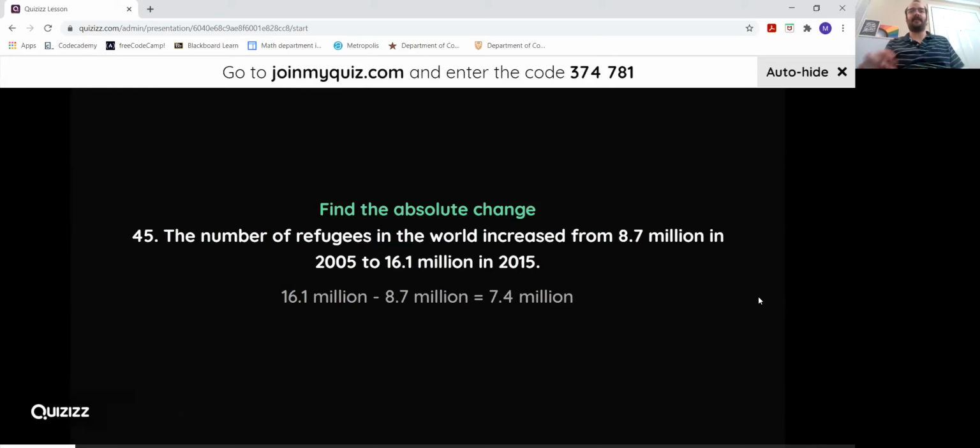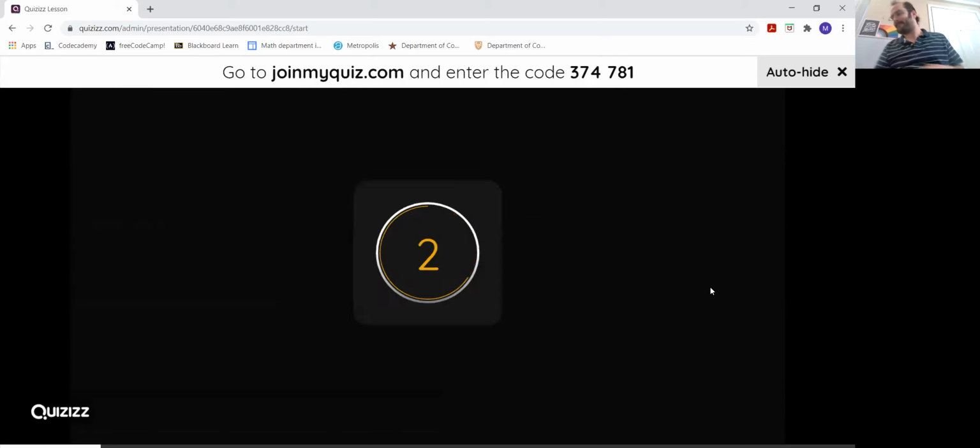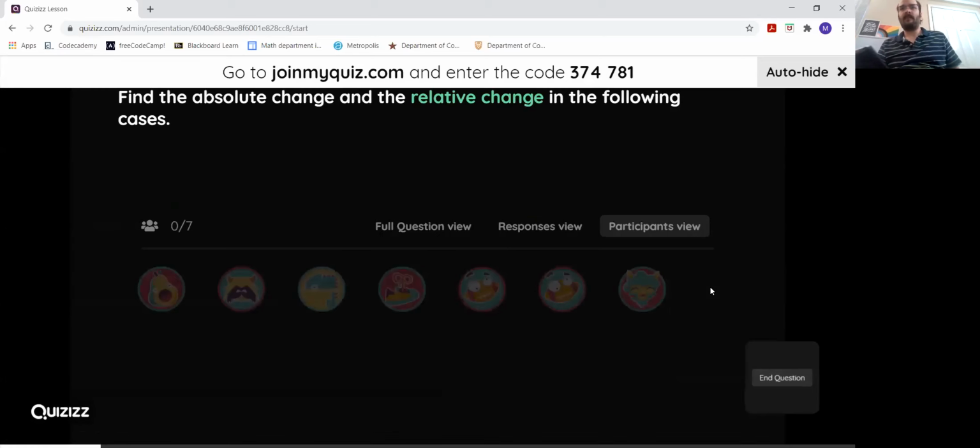That's the absolute change. And the relative change is we compare it to the number that we started with. So now we're comparing this 7.4 million. What would that be relative to starting out at 8.7? Relative change should be a percentage, and it should be a percentage to 2 decimal places.